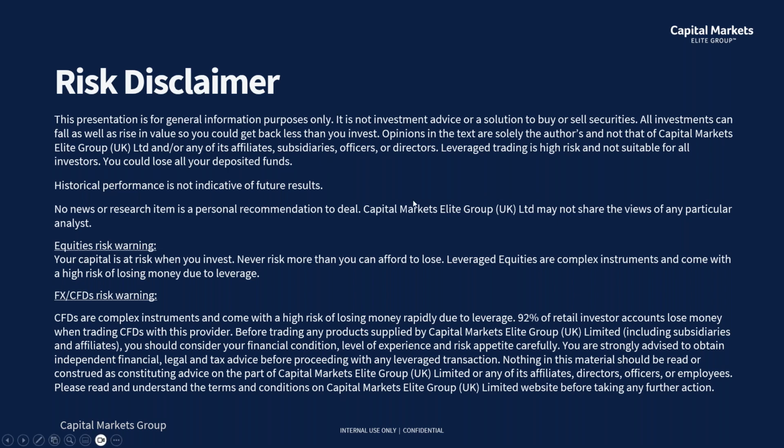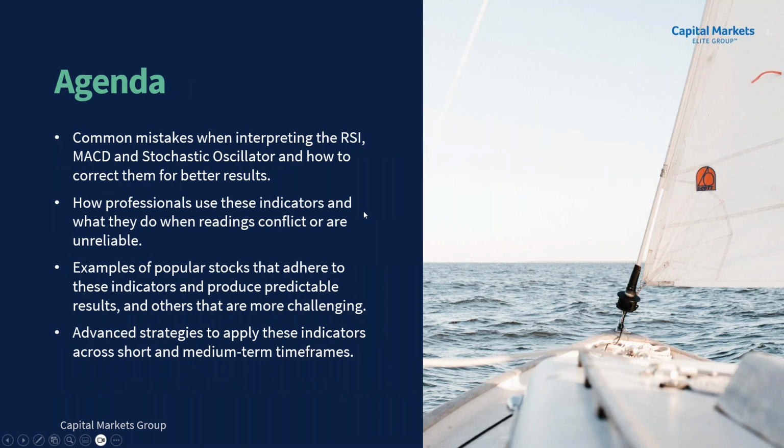Okay, so let us begin. What is the agenda for the presentation? The first thing we want to speak about is the common mistakes when interpreting the RSI, the MACD, and the stochastic oscillator, and how to correct them for better results.